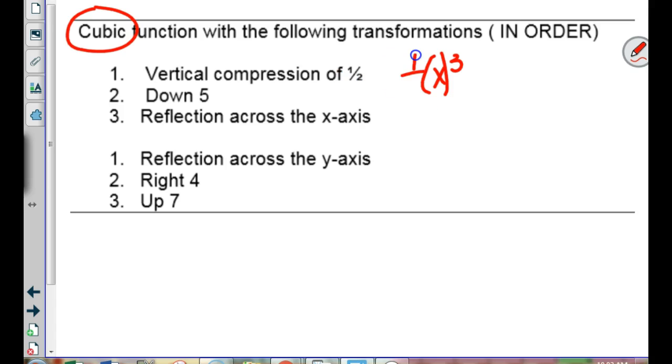And I'm going to put a vertical compression by 1/2 outside. How do I shift it down 5? Okay. And then reflect over the x-axis. But how am I going to know that I'm doing that third? I would need the whole thing in parentheses and then a negative. Yes.